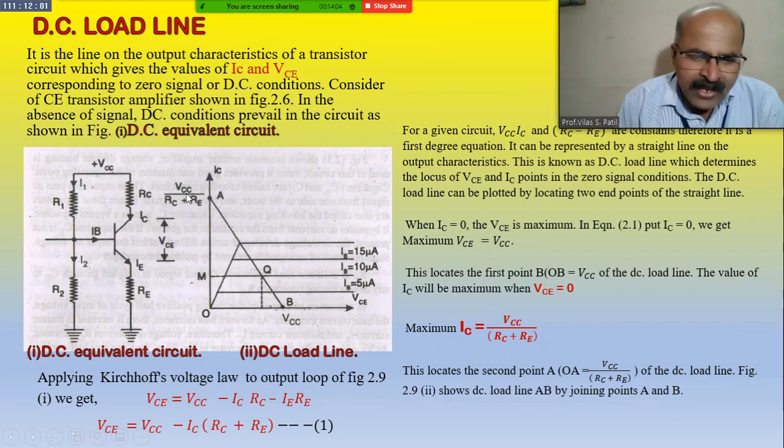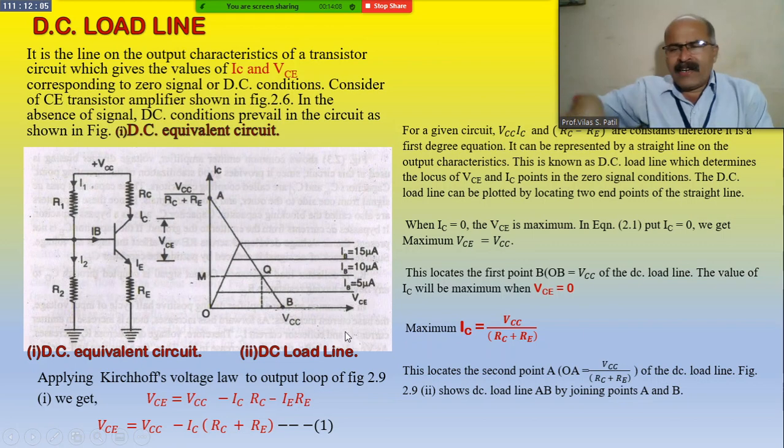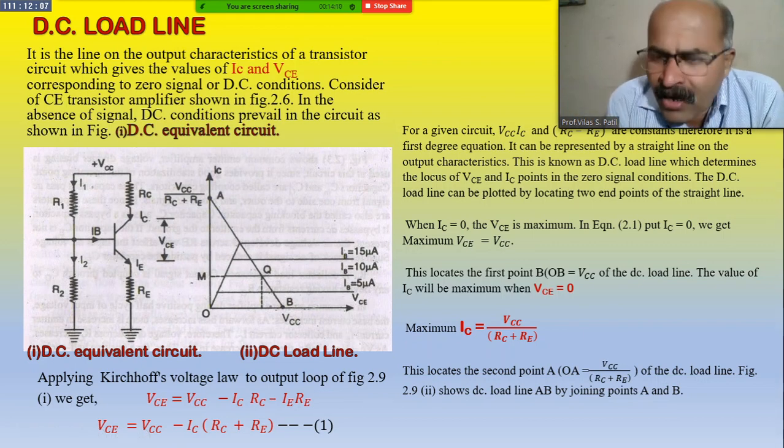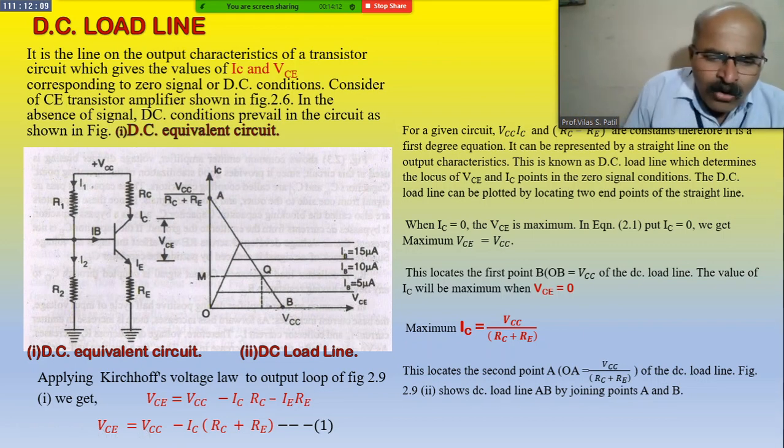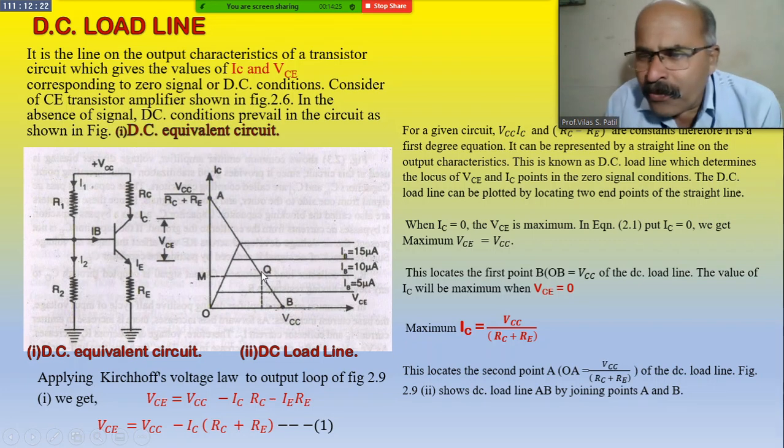Then, knowing these two values, if we draw the straight line on that output characteristic, the IC versus VCE curve, that straight line will be known as a DC load line. And the Q factor is the operating factor, which will be known as the Q point.